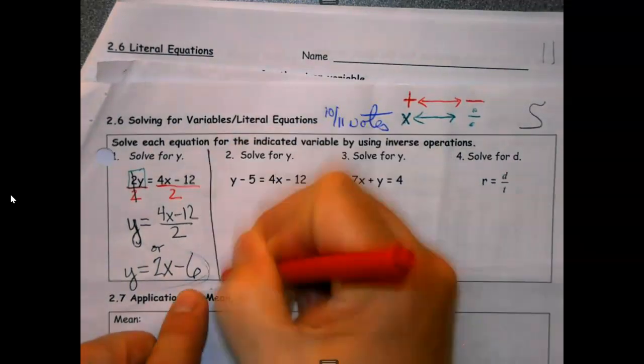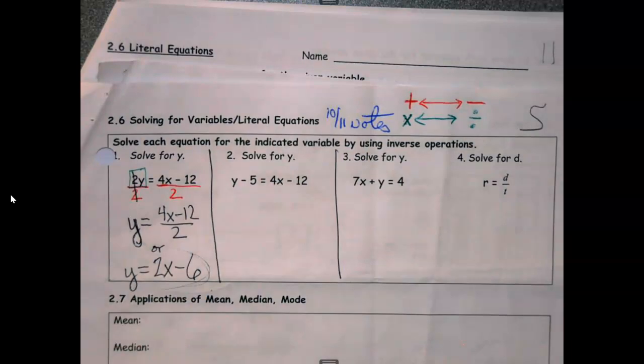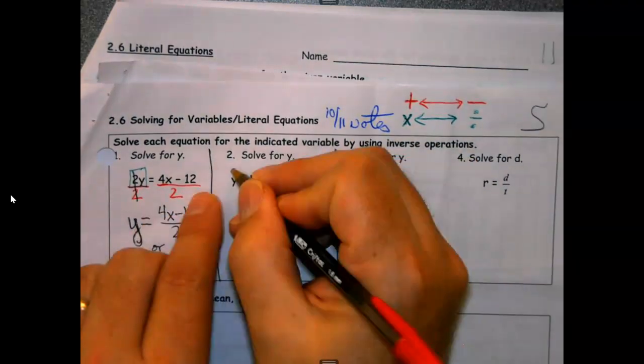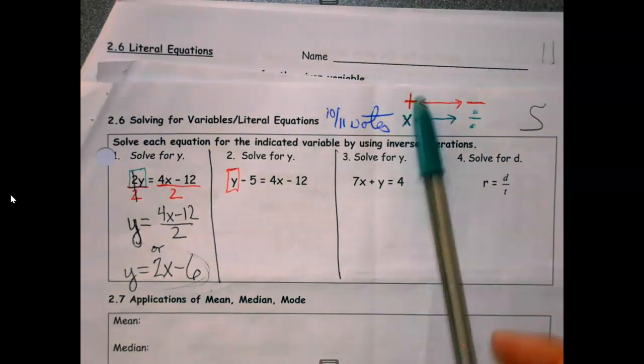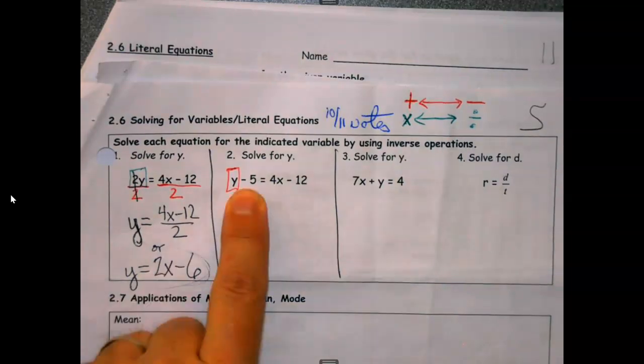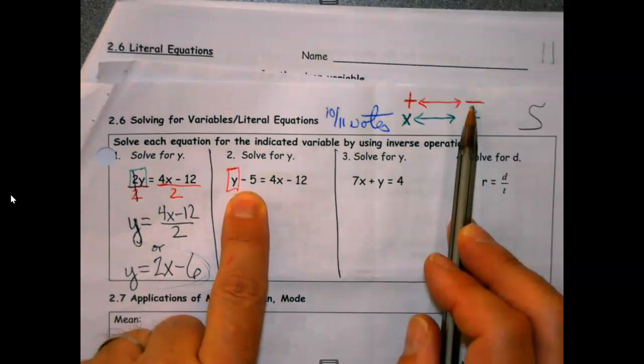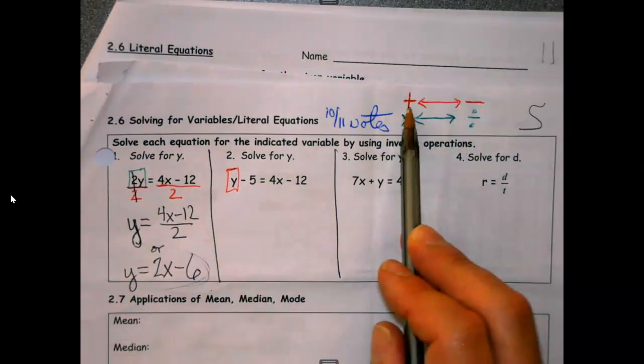And that's it. We're not going to try and make this complicated. So again, whatever variable they say, box it in, and then just start thinking about your opposite options. The opposite of minus, follow the arrow over.